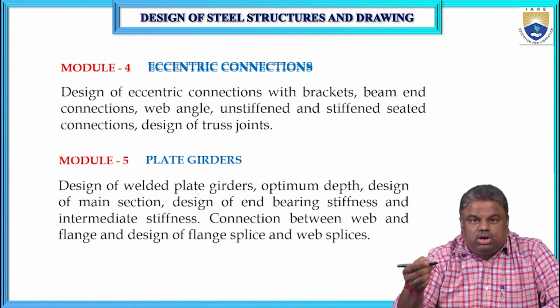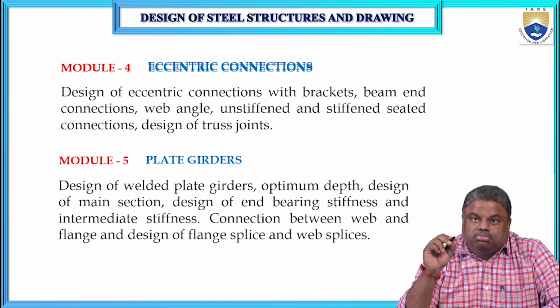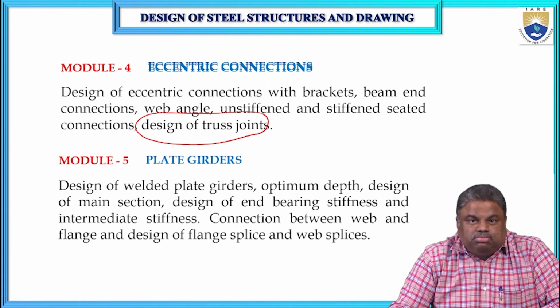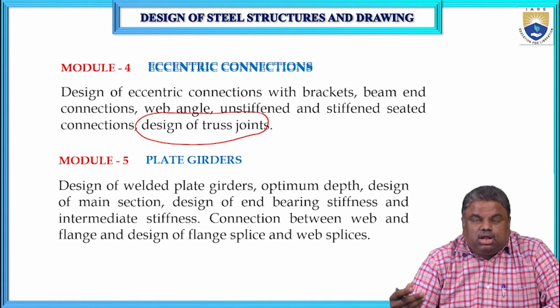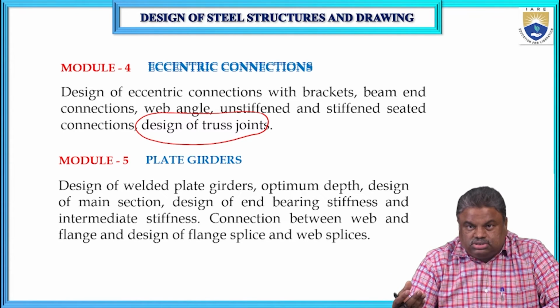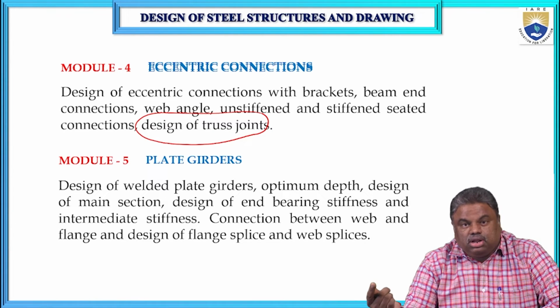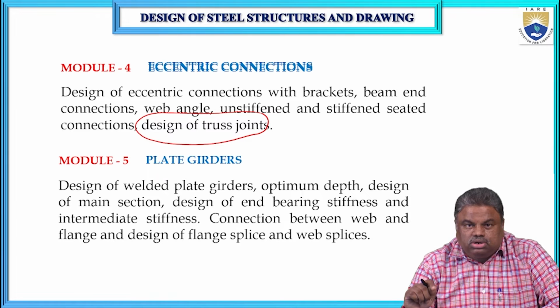In module 1 and module 2, we will design the members in the trusses. If we come to the design of truss joints, after designing the members, that is compression members and tension members in the truss, we have to connect these compression and tension members in one joint.